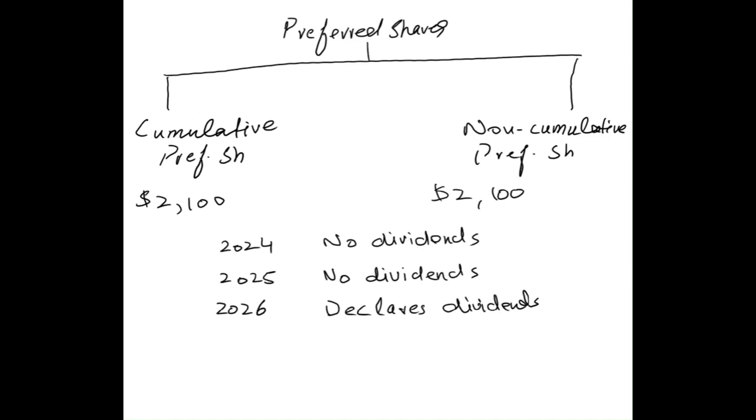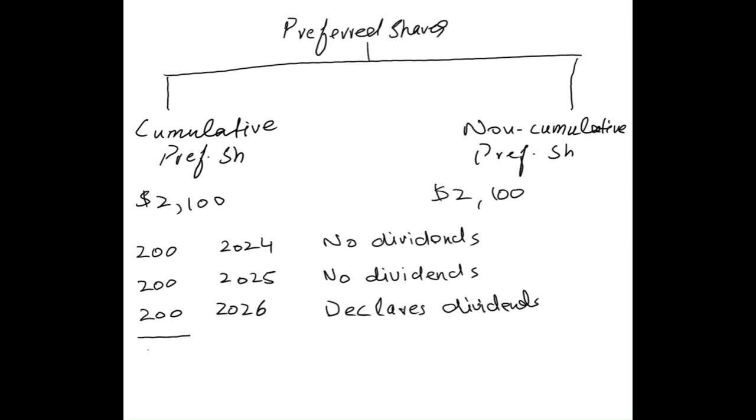Declares the dividends means the company says, this year we're going to pay dividends. So what's going to happen in this scenario is the cumulative preferred shareholders are going to get paid a total of $200 for 2024, an additional $200 for 2025, and then a further $200 for 2026.